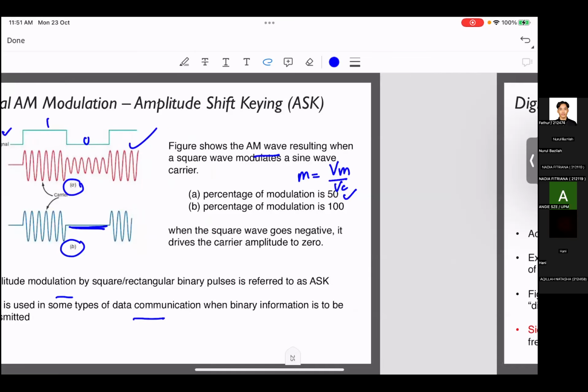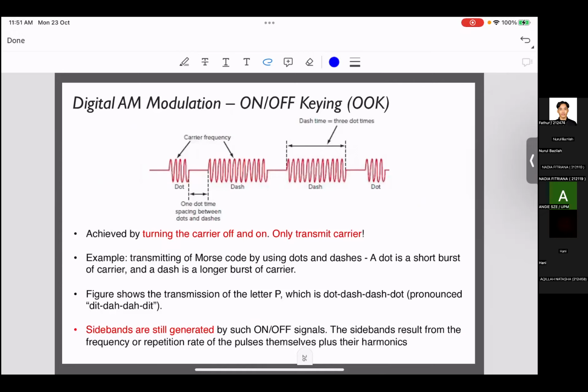Okay, moving on to the next one. We are going to talk about on-off keying, or OOK. So this is a crude type of amplitude modulation. Crude means it's not precise. It depends on you. You have to do it yourself. So basically you have to press on and off to actually modulate your carrier.